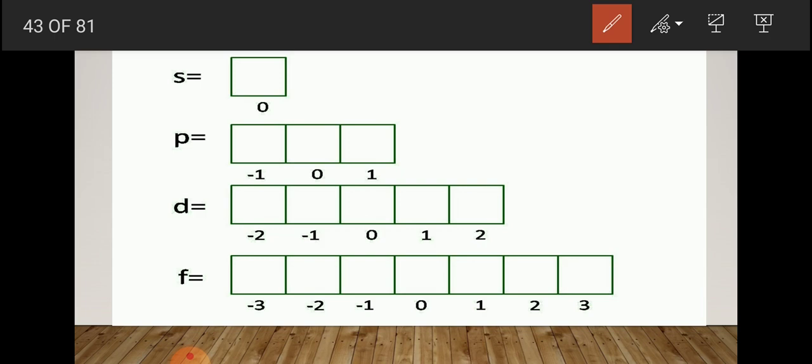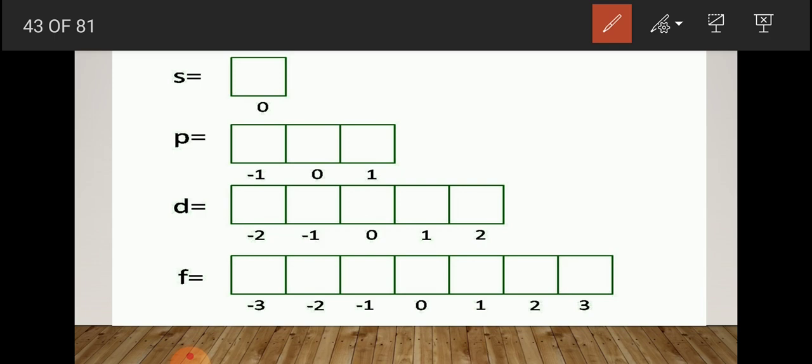Thus, under the influence of the external magnetic field, the electrons present in a subshell may orient themselves in certain preferred regions of space around the nucleus. And these preferred regions of space are called orbitals. The magnetic quantum number determines the number of orbitals in a subshell.